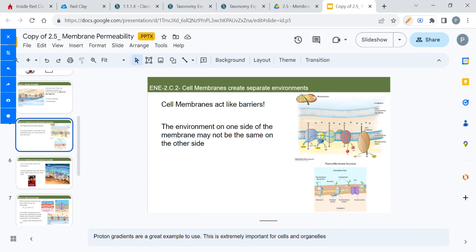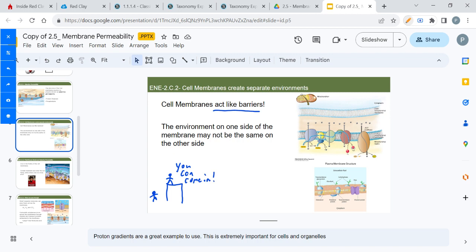Okay. When it comes to this, cell membranes act like barriers. Think about it like you're out on a castle wall, and you have people trying to invade. When you say, you can come in, that's perfectly fine.